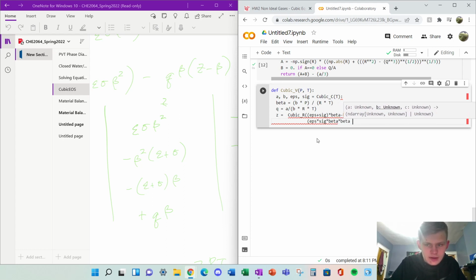So we're just going to do it again. After that, we will have this next function set. We'll separate that off with parentheses. So it's going to be our beta value times our beta value times our epsilon value plus our sigma value.